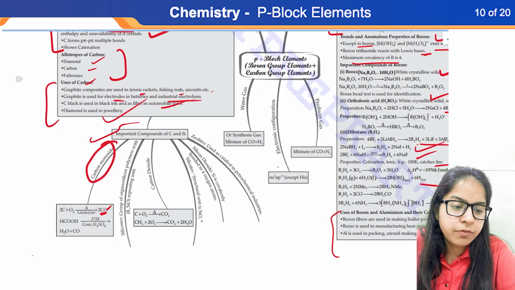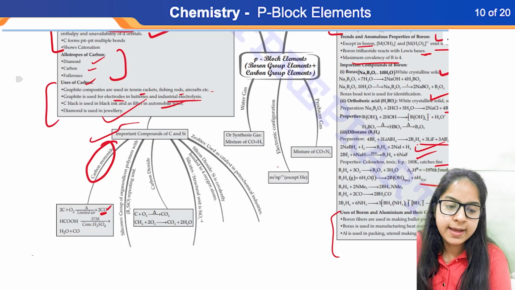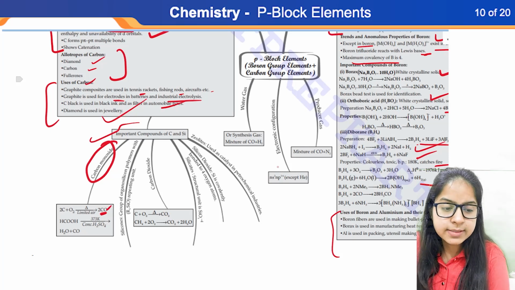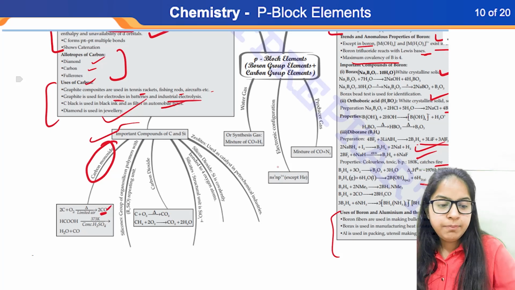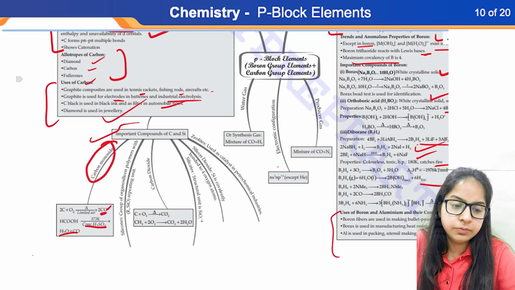If the supply of oxygen is more, that means in excess, then carbon dioxide is formed. But in the presence of a limited supply of air, you are getting a toxic compound, that's 2CO. Then HCOOH on heating in the presence of concentrated H2SO4, you are going to get H2O and CO.